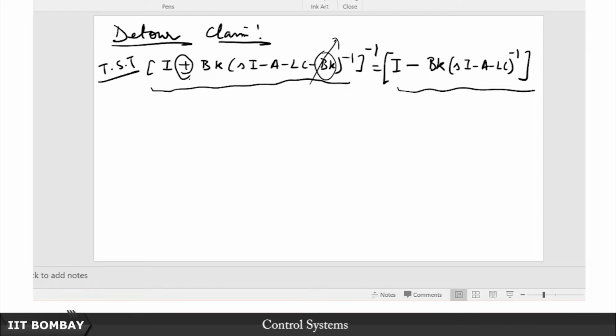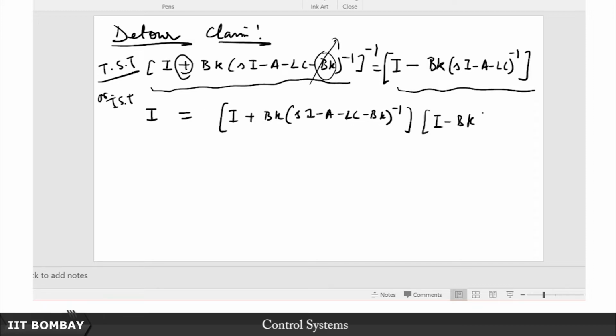So let us say we pre-multiply with this, so we get identity is equal to I plus bk, so we have to show that I plus bk times (si minus a minus lc minus bk) whole inverse times (I minus bk) times (si minus a minus lc) whole inverse, that is what we have to show.